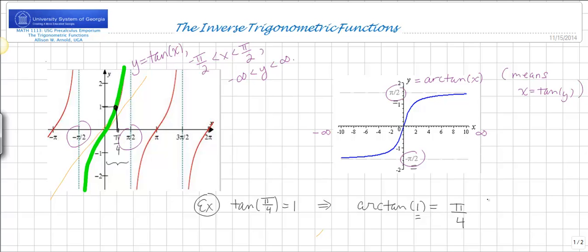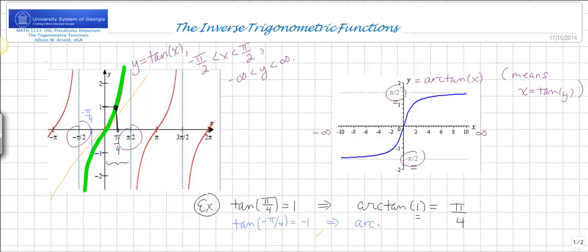And again, the restrictions are the things that you have to get the most accustomed to. So personally, I think it would help if you took the graph of tangent in the restricted window and looked at all the particular values. So for example here, tangent of negative pi over 4 is the value negative 1.